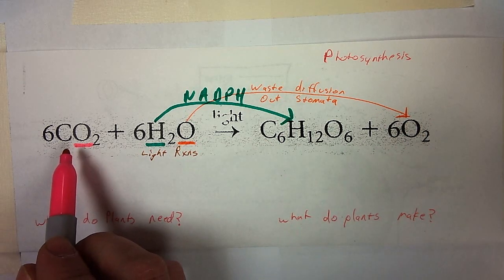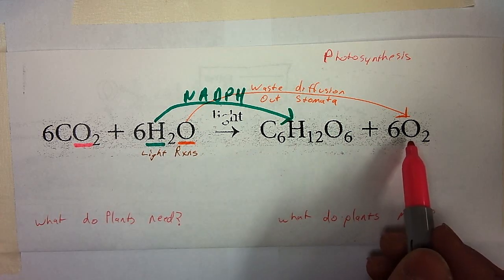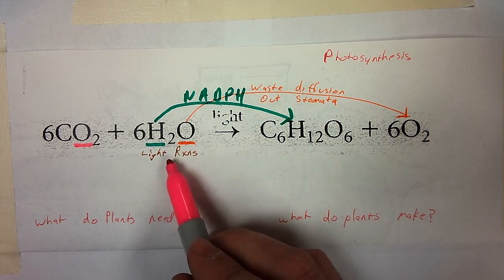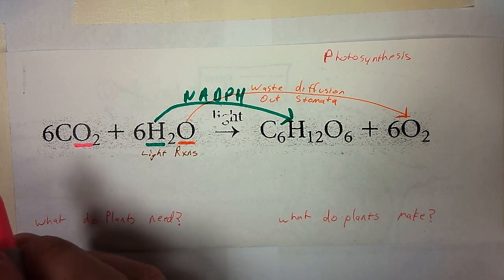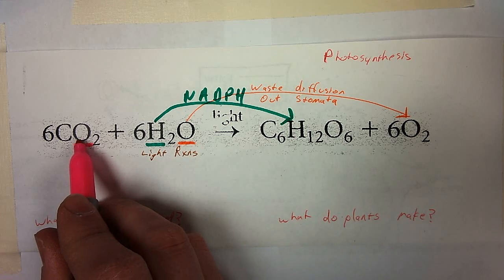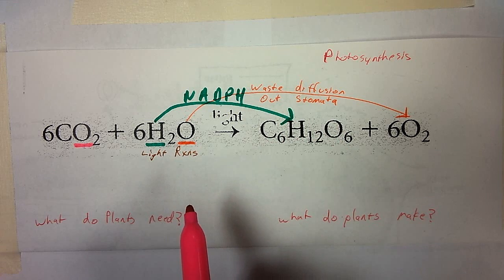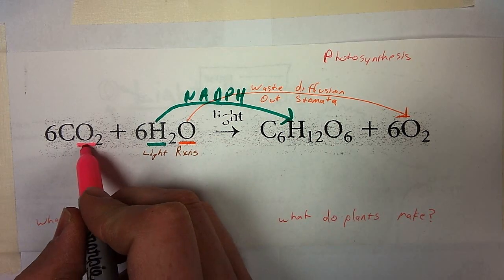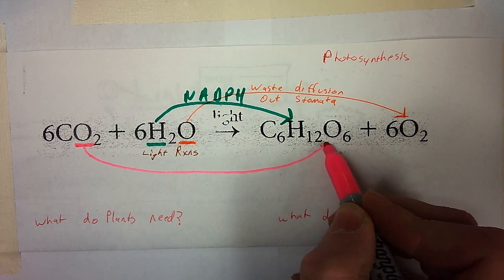Also, carbon dioxide hasn't entered into our process yet, so this oxygen produced as a waste product of the light reactions couldn't possibly have come from CO2 that hasn't entered into the process yet. So with all that being said, this oxygen and this carbon are going to be the other two components of glucose. So I'm going to draw this over here.